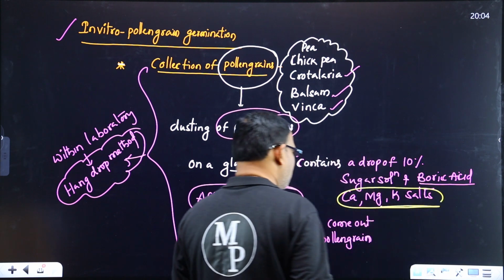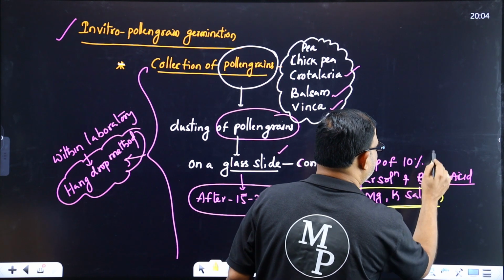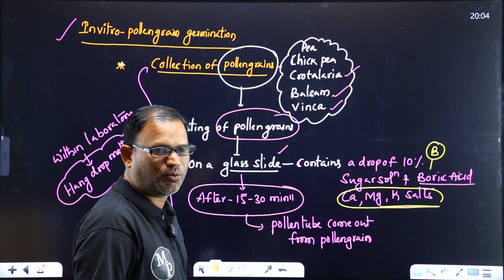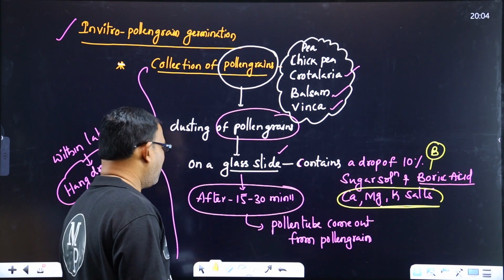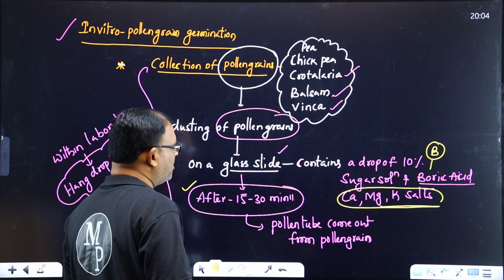Boric acid means boron. You know that in the mineral nutrition chapter, boron helps in pollen grain germination. After 15 to 30 minutes of incubation, what happens?